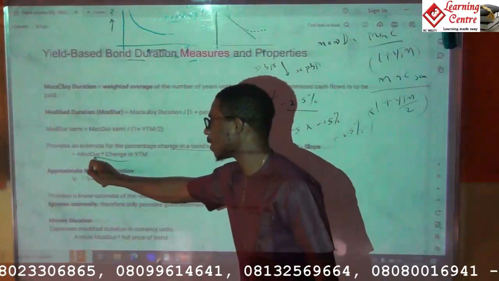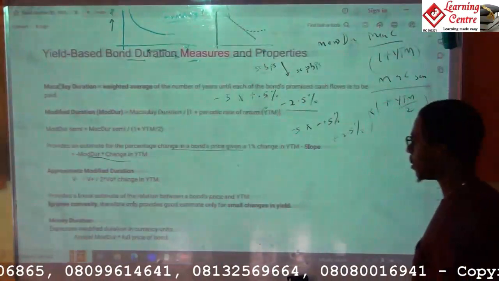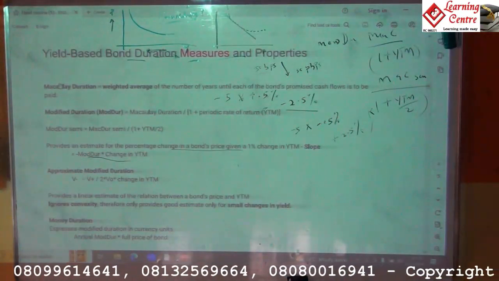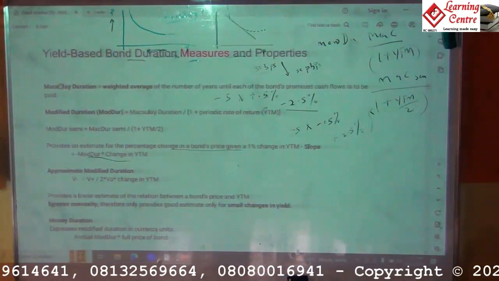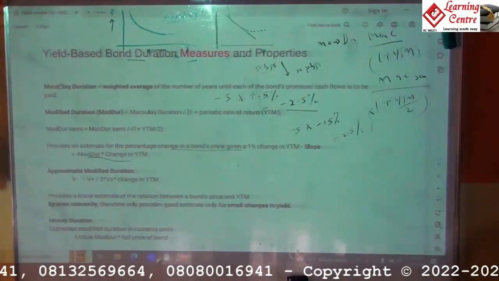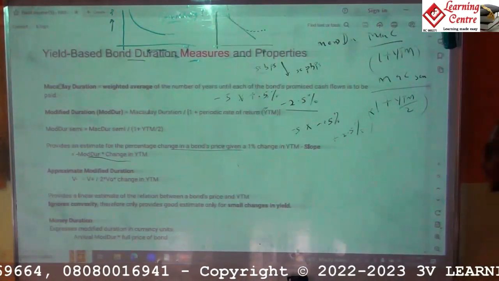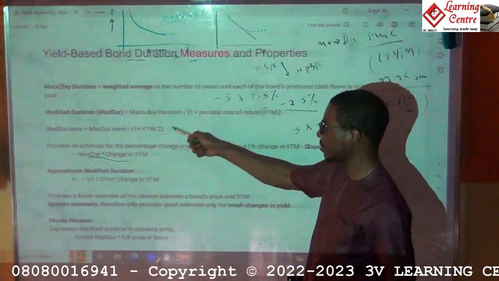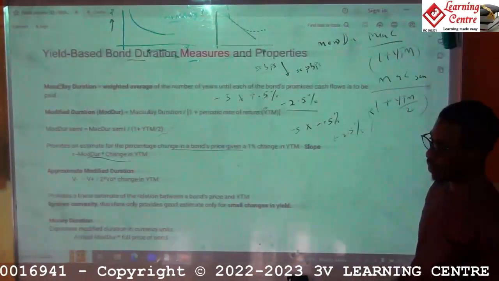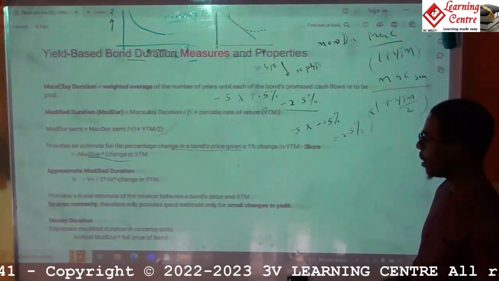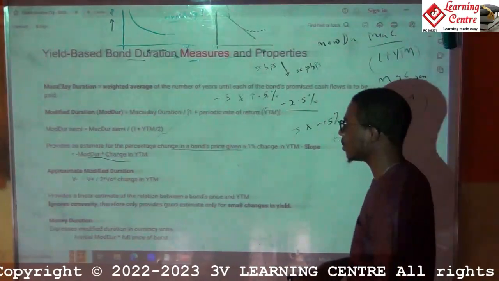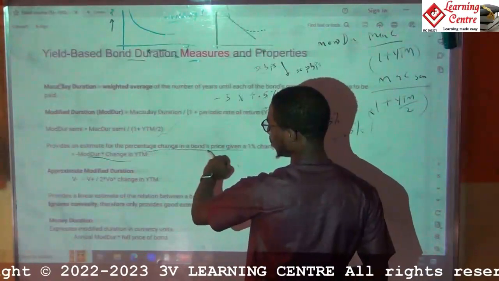We are calculating modified duration here, and what we are calculating is the percentage change in the price of the bond.